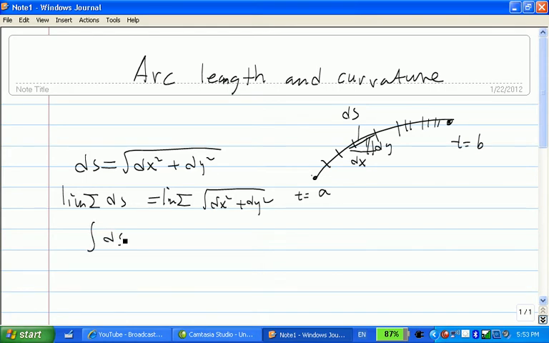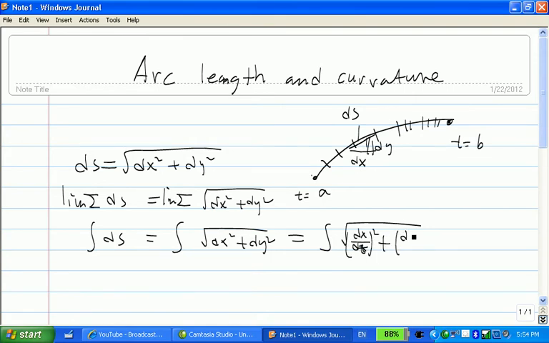Okay, ds is the square root of dx squared plus dy squared, and this one you can divide by dt, dx dt squared plus dy dt squared.